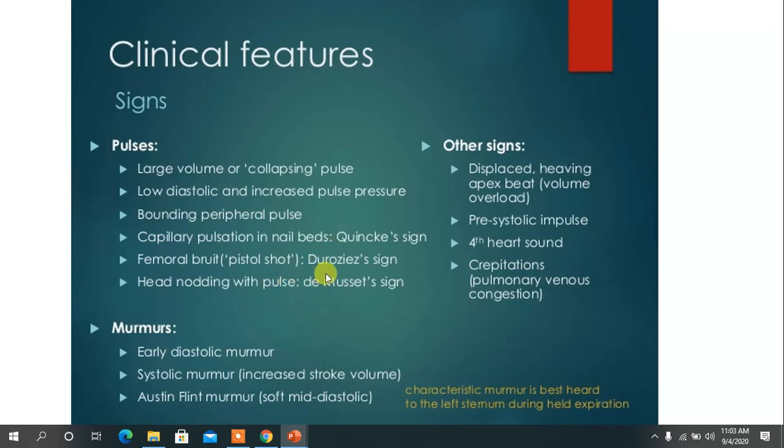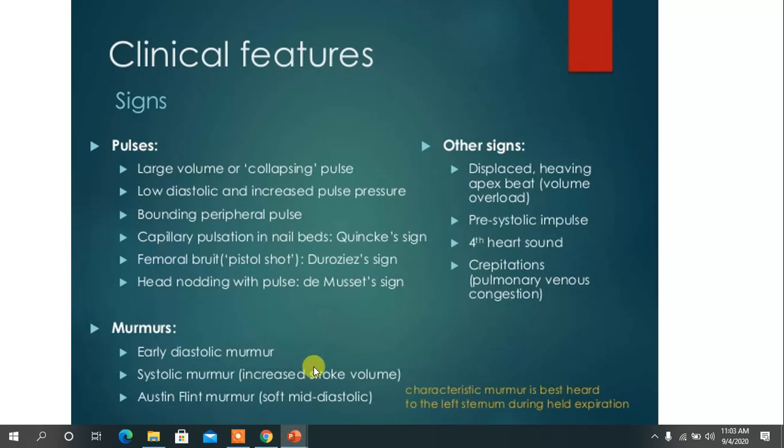Femoral pistol shot may be heard, that the blood will go through the femoral artery like the sound of a pistol. The murmur will be an early diastolic murmur because of the backflow of the blood from the aortic valve into the left ventricle.